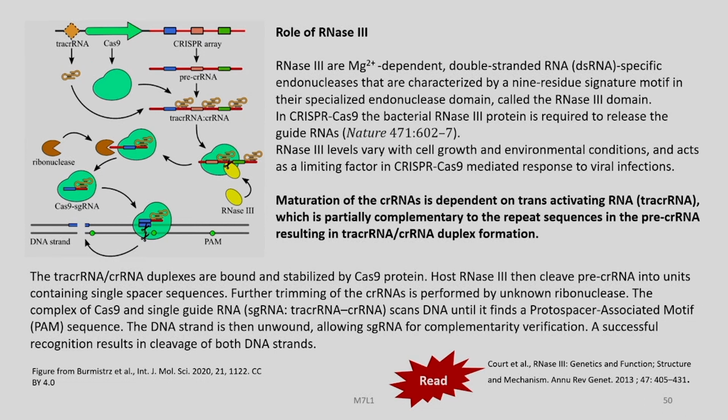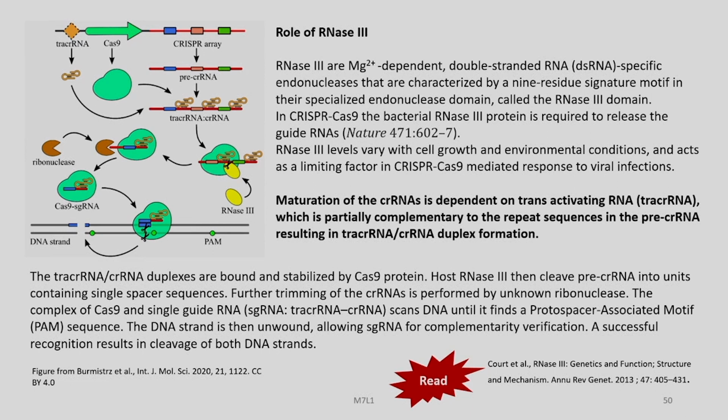In CRISPR-Cas9, the bacterial RNase 3 protein is required to release the guide RNAs. RNase 3 levels vary with cell growth and environmental conditions and act as a limiting factor in CRISPR-Cas9 mediated response to viral infections. Maturation of the CRISPR RNA is dependent on trans-activating RNA, which is partially complementary to the repeat sequences in the pre-CRISPR RNA, resulting in tracrRNA-crRNA duplex formation as shown in the figure.